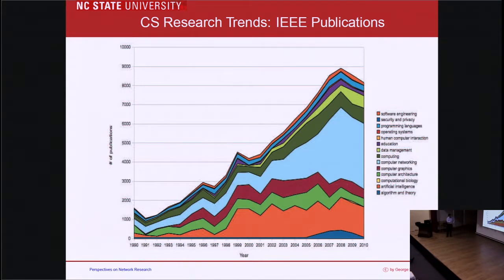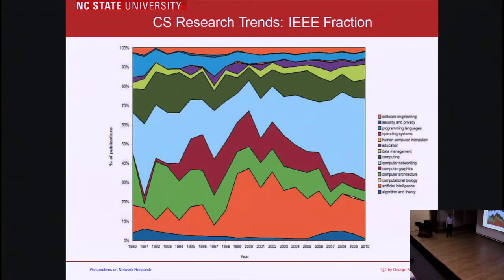This is networking. Look how much the field has grown from 20 years ago. As a fraction of publications, it's almost 40% of the total today. There's a reason why people do research in networking. It's tangible, right? It's relevant, it affects your lives, and you can see the results immediately. That's why they do it, okay?